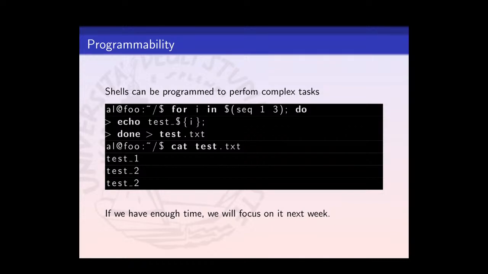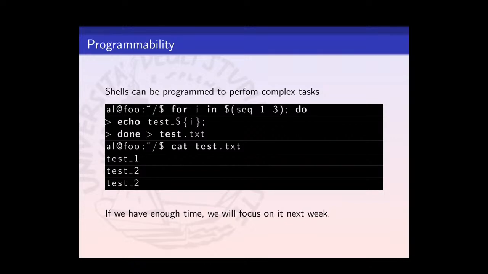This sequence is kept as an input for the i variable. So the i variable, at each iteration of the for loop, assumes one different number as its value. And so at the end of the execution of this for loop, we redirect the output into the test.txt file.